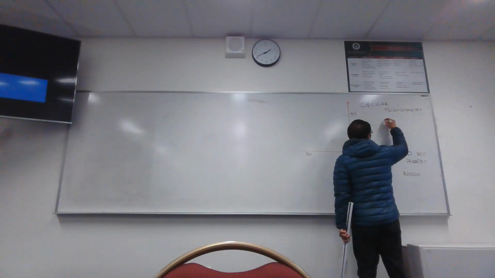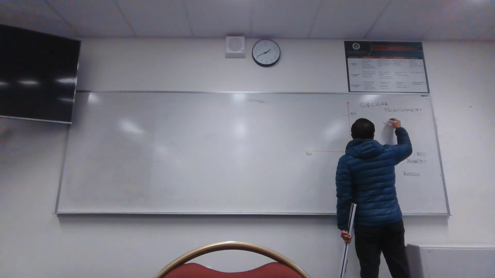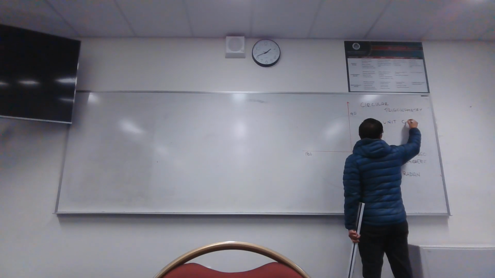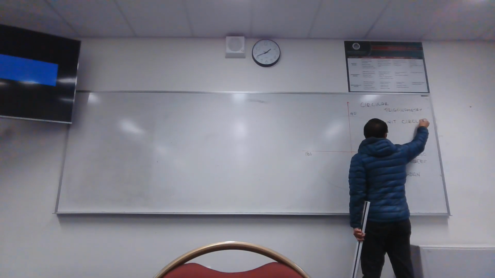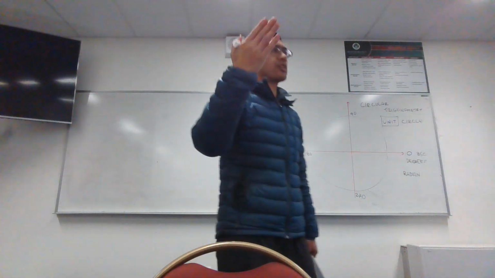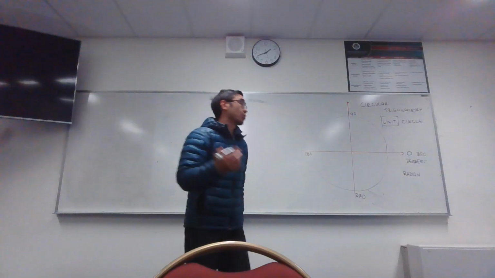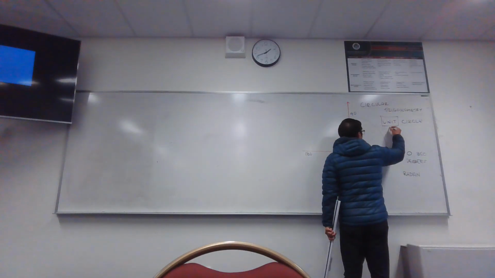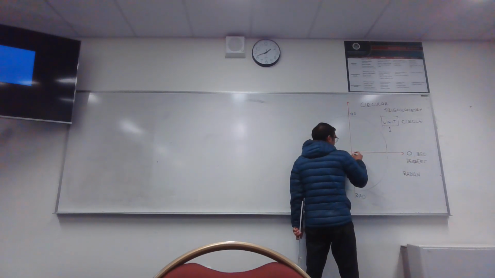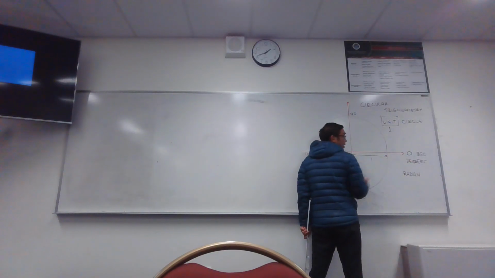Now, let's think about it. This is a unit circle. What number, when you look at it, is attached to the word unit? It's 1. So that means if I go from here to here, it's a 1.